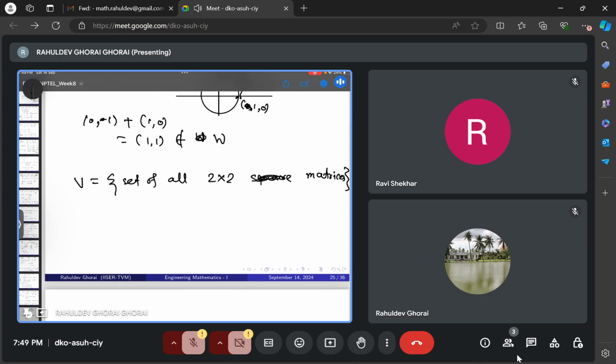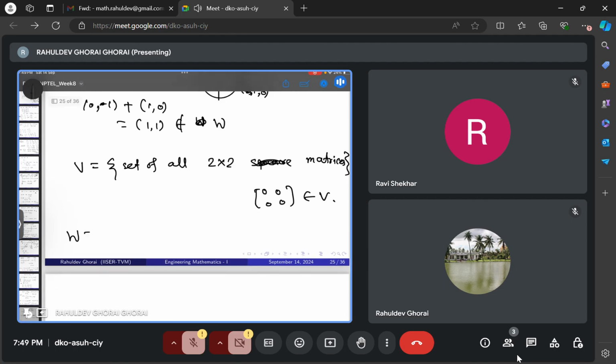If you add two 2 by 2 matrices, it will also be a 2 by 2 matrix. If you multiply with a real number, it will be multiplied into all the entries, and it will again be a 2 by 2 matrix. And you have the matrix with all 0 entries as the 0 element, which belongs to V. So V is a vector space.